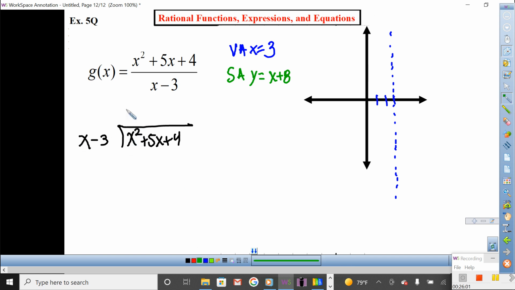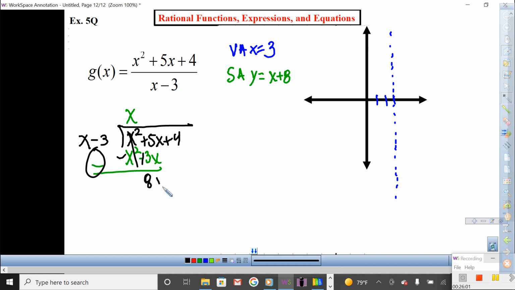So what number times x gives me x squared? That's x. x squared minus 3x. Subtract. Distribute. Cancels. This is 8x. Bring down the 4. And then positive 8 times x, that's 8x. Positive 8 times negative 3, that's negative 24. Subtract. Distribute. This cancels. That leaves us with 28 as remainder, but we don't worry about that.